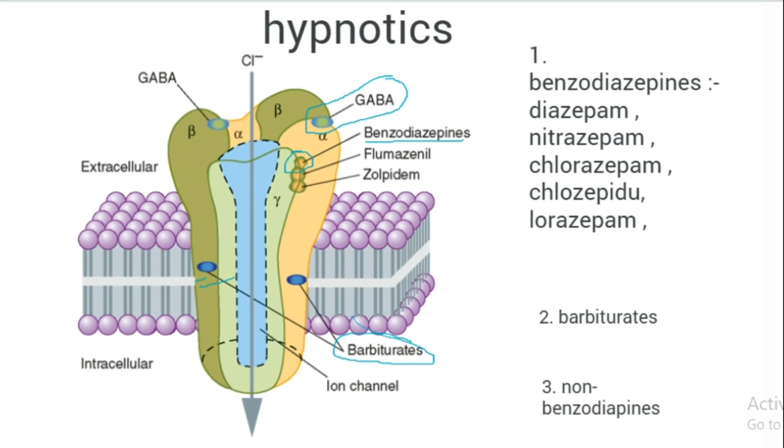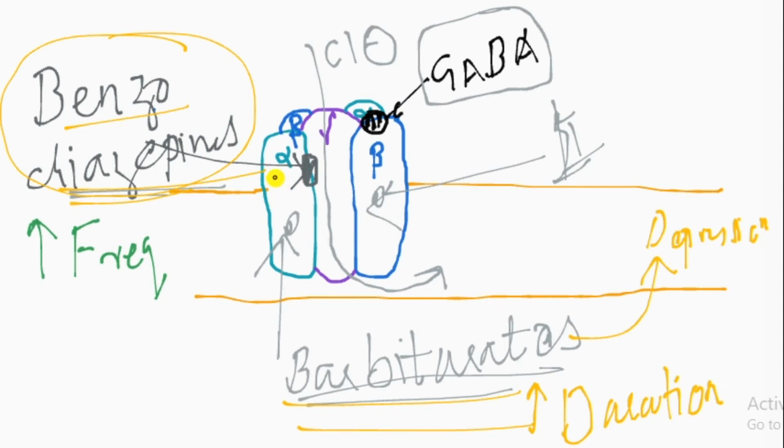I want to say that we have many subtypes of the alpha subunit: alpha 1, alpha 2 or 3.